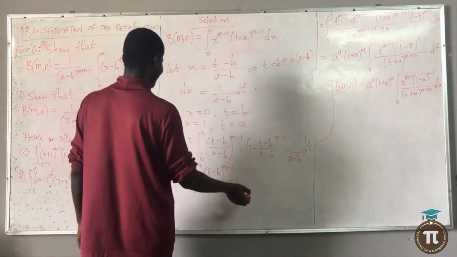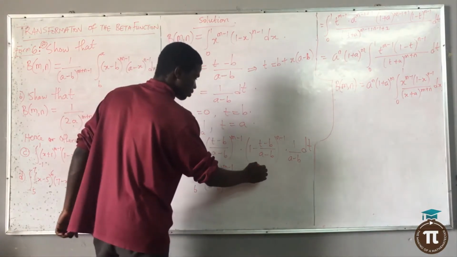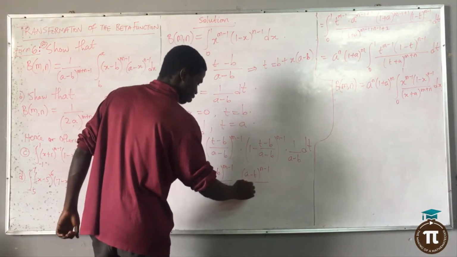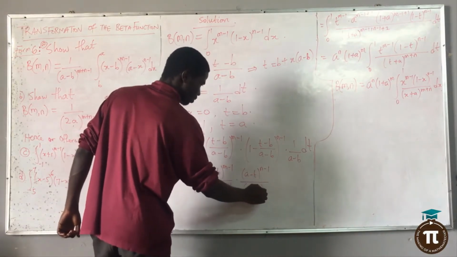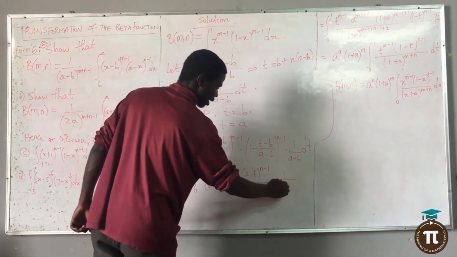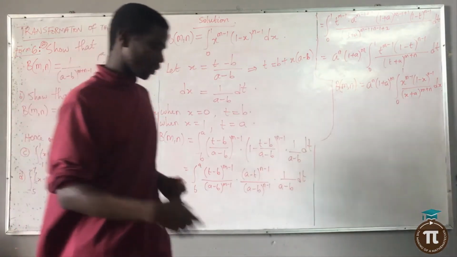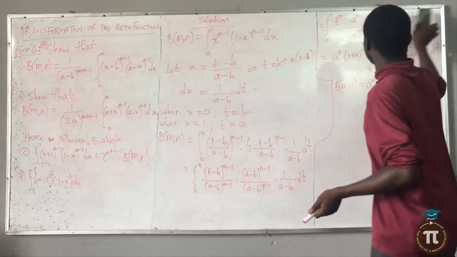That will exactly give me (a minus t) raised to the power of n minus 1 over (a minus b) raised to the power of n minus 1, multiplied by 1 over (a minus b) dt.